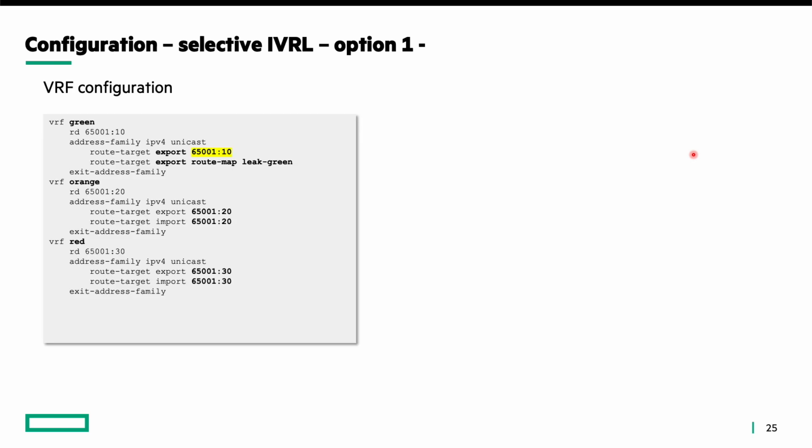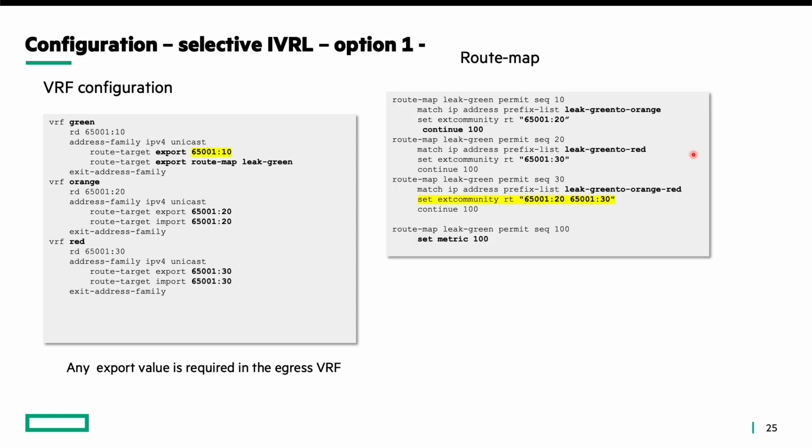Now regarding option 1 for the architecture of route targets. In option 1, we have one route target which identifies each ingress VRF, so 10, 20, 30. And if we want to redistribute these routes to both VRFs, we are leaking routes from the VRF green to orange and red.